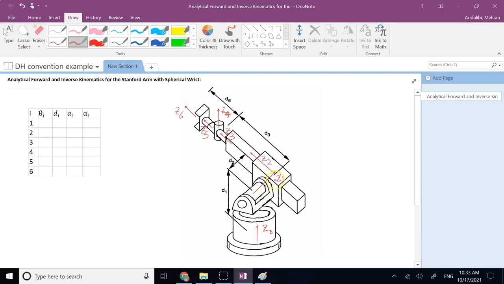So for x1, if I look at z0 and z1, you see they intersect at this point. So that is going to be the origin of frame 1, and then x1 has to be perpendicular to z0, intersecting it, and naturally perpendicular to z1. So the only solution for that is to be in this direction along this line, right, which is perpendicular to the member and perpendicular to the upward direction.